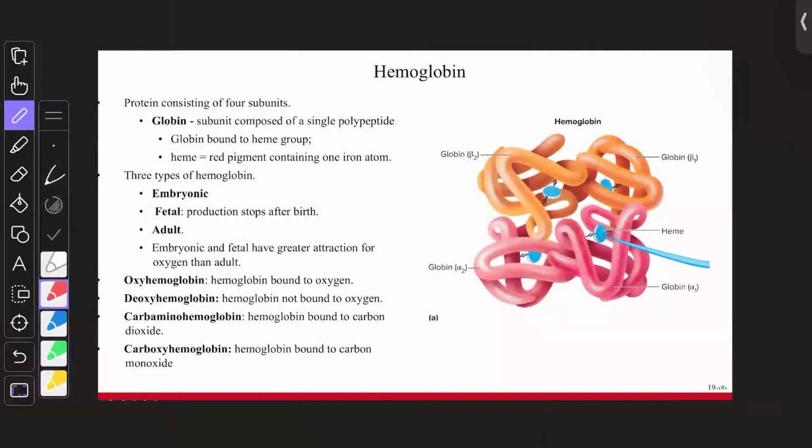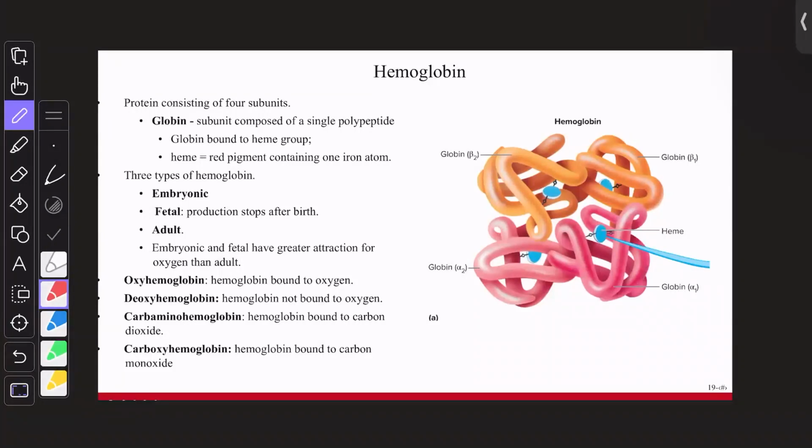Okay, so hemoglobin. Hemoglobin is a protein. There are 4 subunits in this protein called globins. Each little subunit is a globin. Now, when you took A&P 1, did you talk about protein structure? Primary, secondary, tertiary, quaternary?